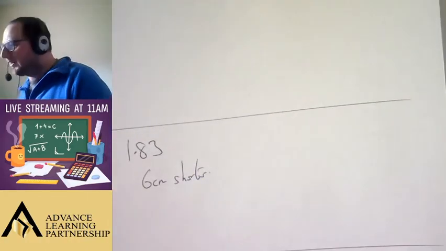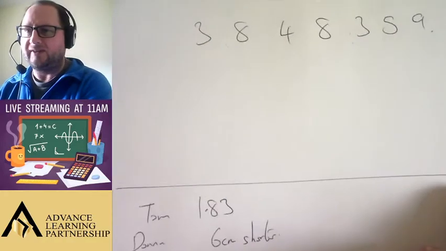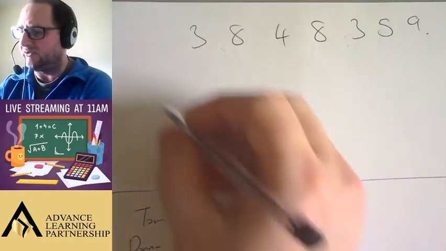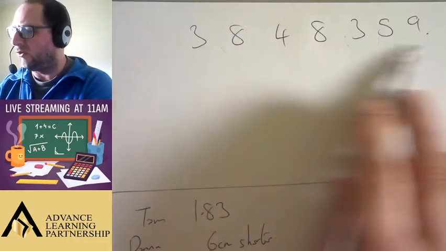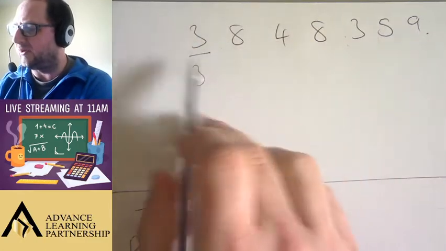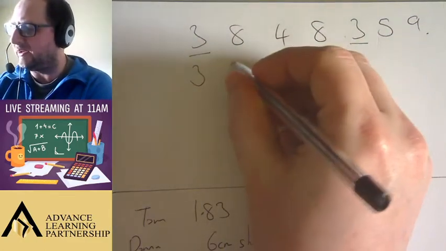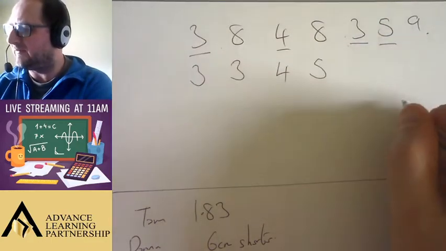Let's now have a look at the other questions. So we had to find the median and the range. Let's do the median first. For the median, I need to order this data from smallest to largest. So 3 is the smallest number in the data. There is another 3. There's a 4. There's a 5.